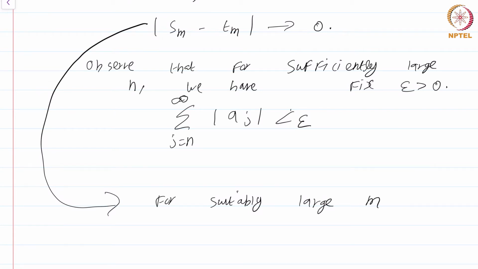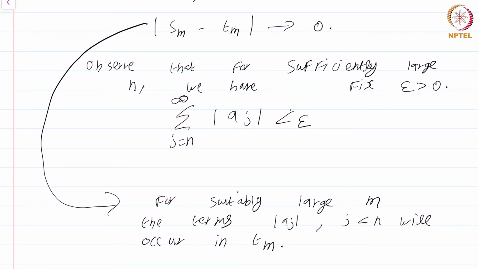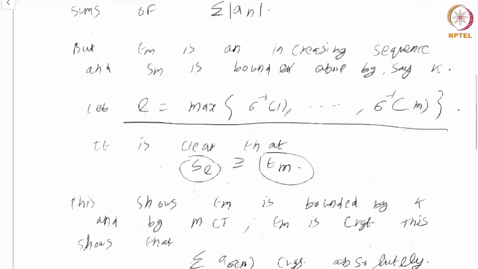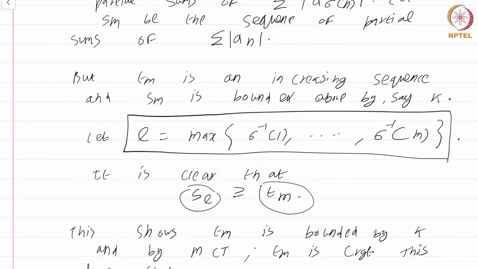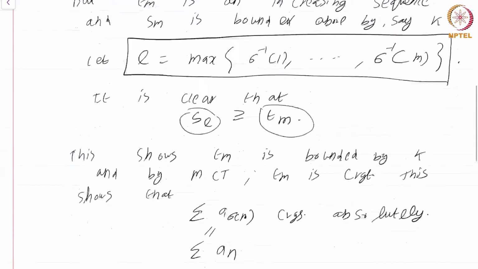Then for suitably large m, the terms a_j, for j less than n, will occur in T_m. Not mod a_j, just a_j. How do we know this? Well, we can just use the same trick that we used here. The exact same trick that we used here will give us this.